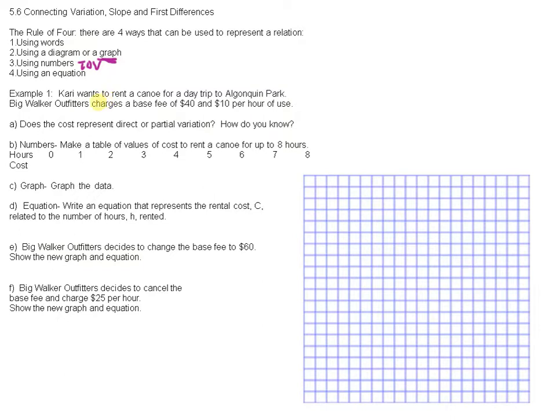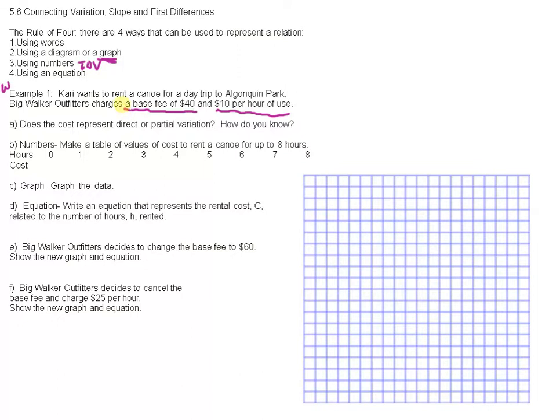So, example 1, it gives us it in words. Carrie wants to rent a canoe for a day trip to Algonquin Park. Big Walker Outfitters charges a base fee of $40 and $10 per hour of use. So first, let's talk about this. Does this represent direct or partial variation?